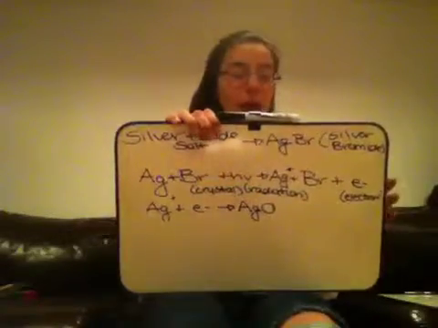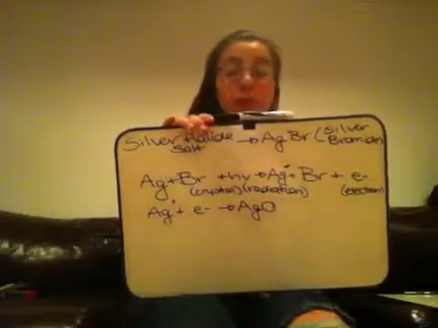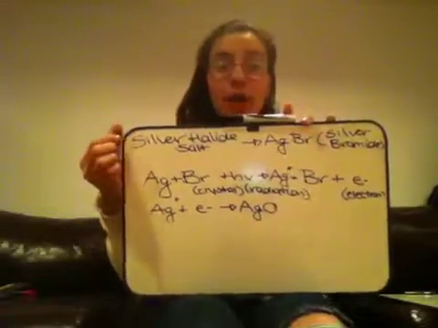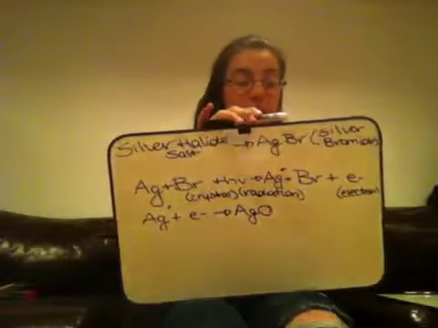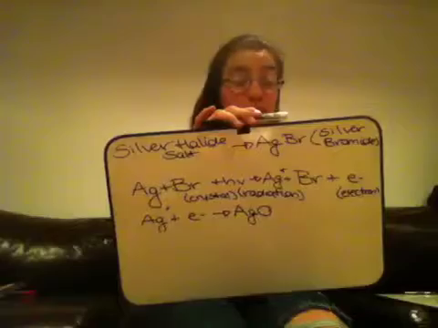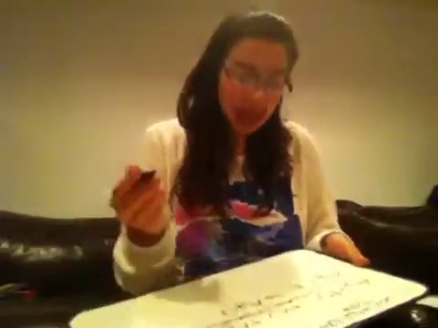The silver halides themselves are silver bromide, which I already talked about, and then you also have silver chloride. If you don't know the chemical symbol for chlorine, it's Cl, capital C, lowercase l.